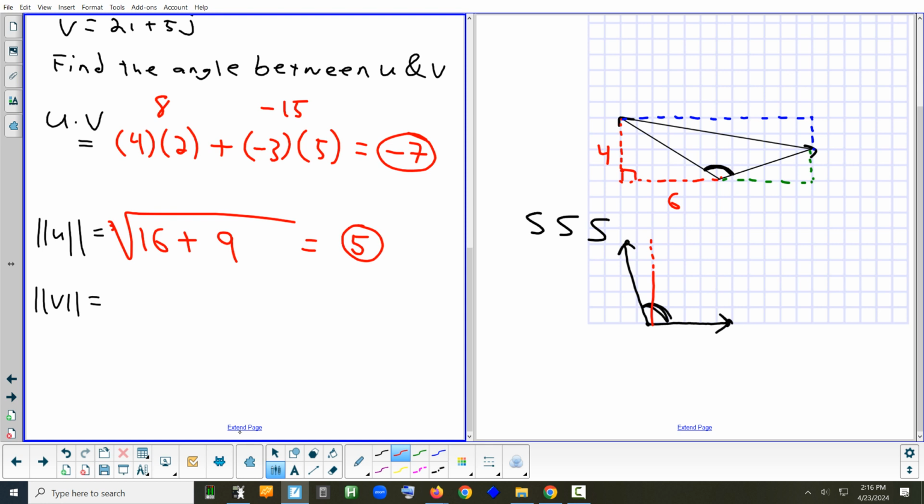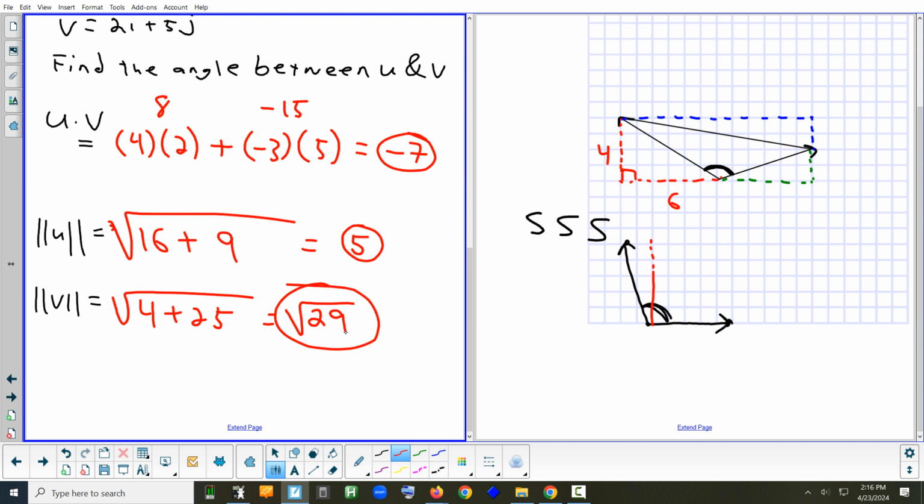Okay, magnitude of v. What's the first thing we put? Square root. And what's going to go under it? 2 squared, which is 4, plus 5 squared, which is 25. So the magnitude of v is how much? Square root of 29. Yep, just leave it like that. Don't round it, because that's going to mess up our answer.